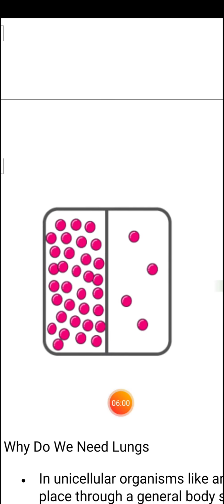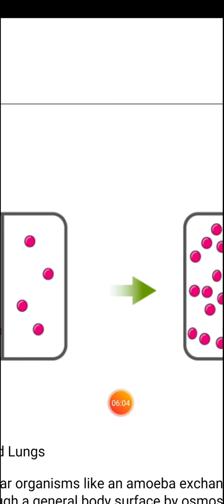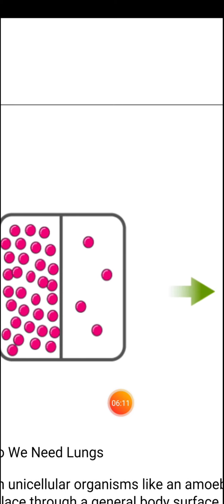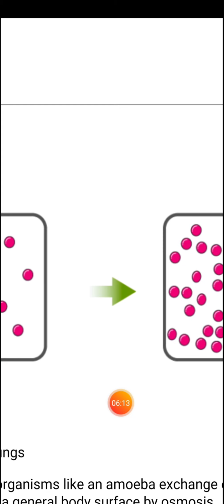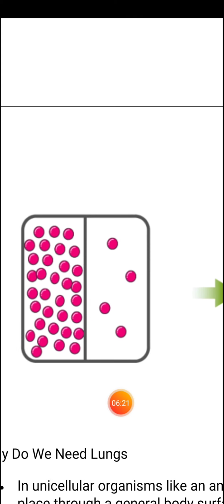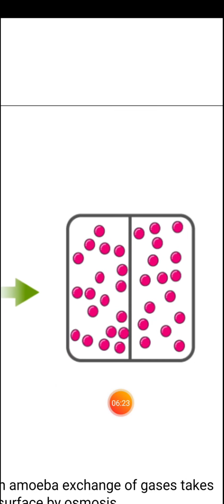For example, you can see a diagram here. If you see in one column the red dots are more, and in another column the red dots are less, but when we see the next column, there is a movement from the more red dot area to the less red dot area in order to maintain the equilibrium.